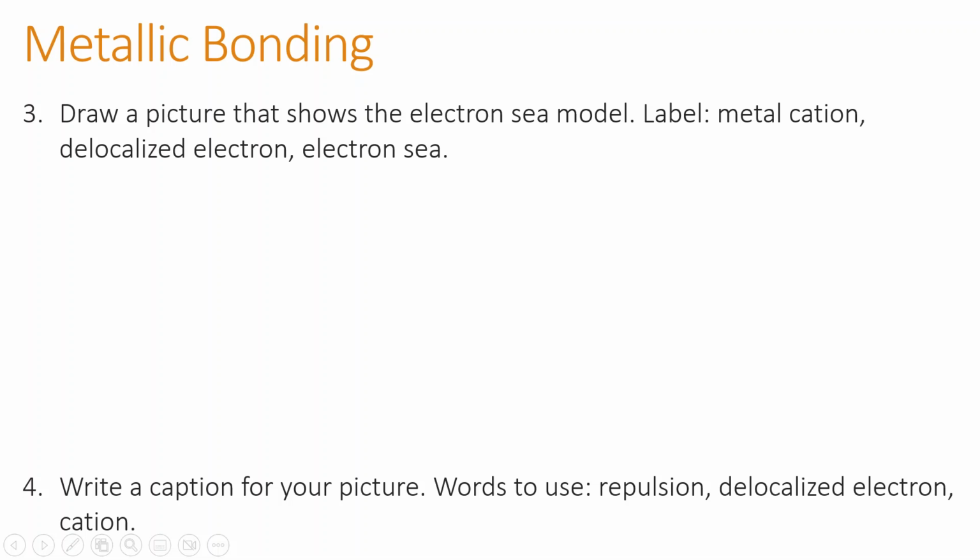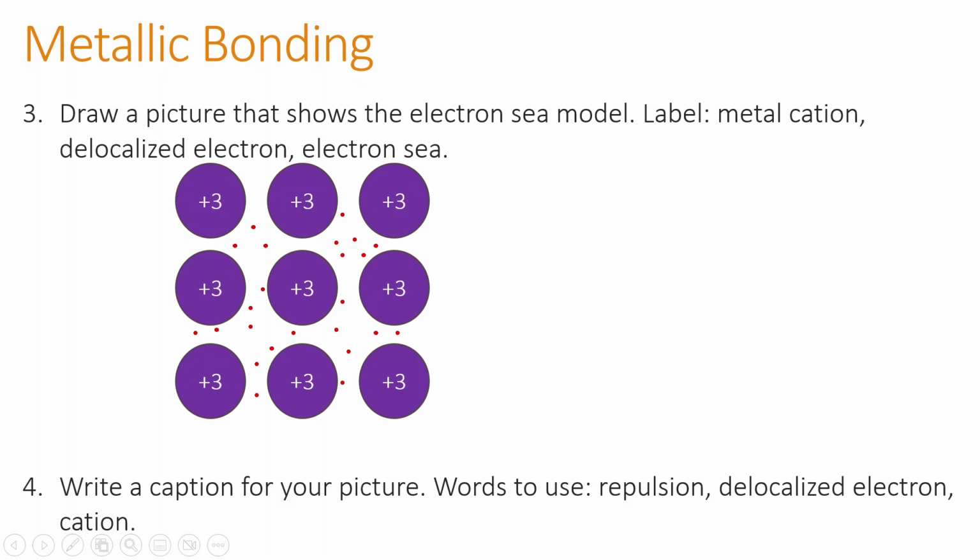So we want to draw a picture that shows the electron sea model. In the electron sea model, we have our metal cations. In this case, this is probably something like aluminum, something that has 3 valence electrons. And each of these electrons is going to become delocalized. What that means is that it's not shared between 2 atoms or held in one place.